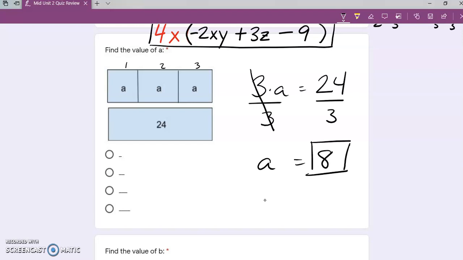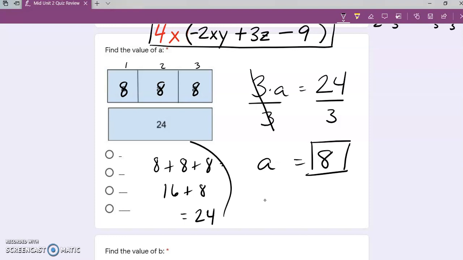And again, if you want to check your answer, just say, okay, this is an 8, this is an 8, and this is an 8. If I add 8 plus 8 plus 8, what do I get? I get 16 plus 8, and that's equal to 24. So the 24 equals the 24 right there. So 8 is the value for A.